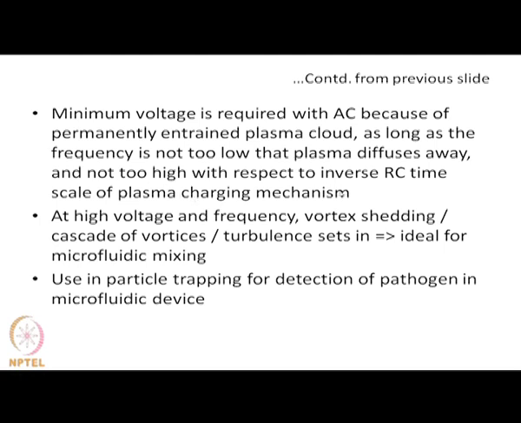In that case, it will be difficult to create that plasma in the first place. So, there is again a time scale issue here.